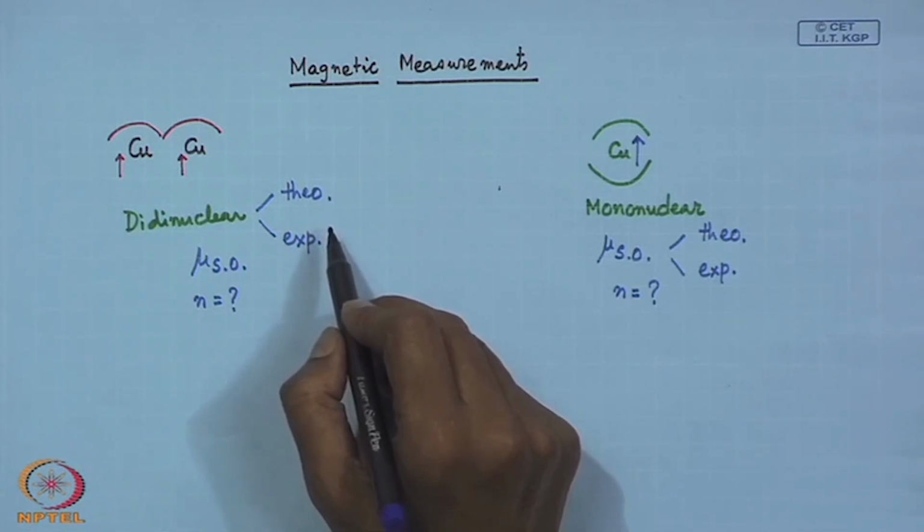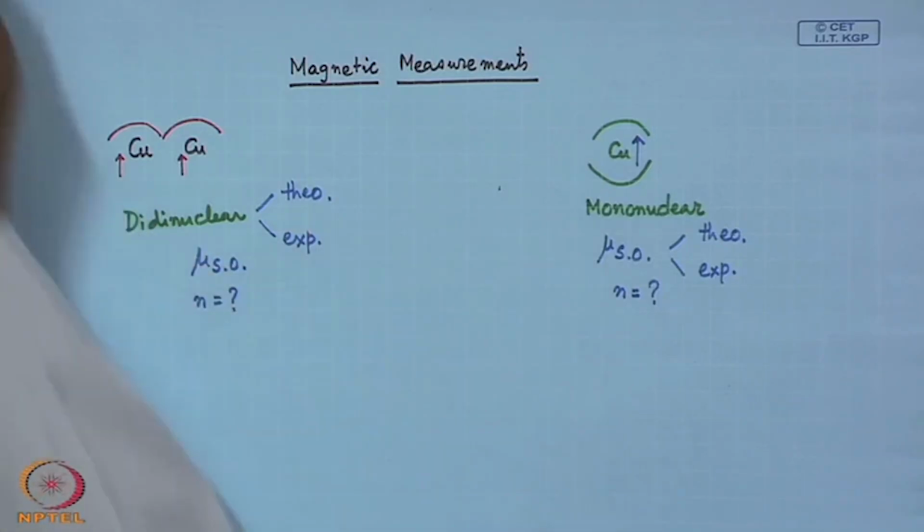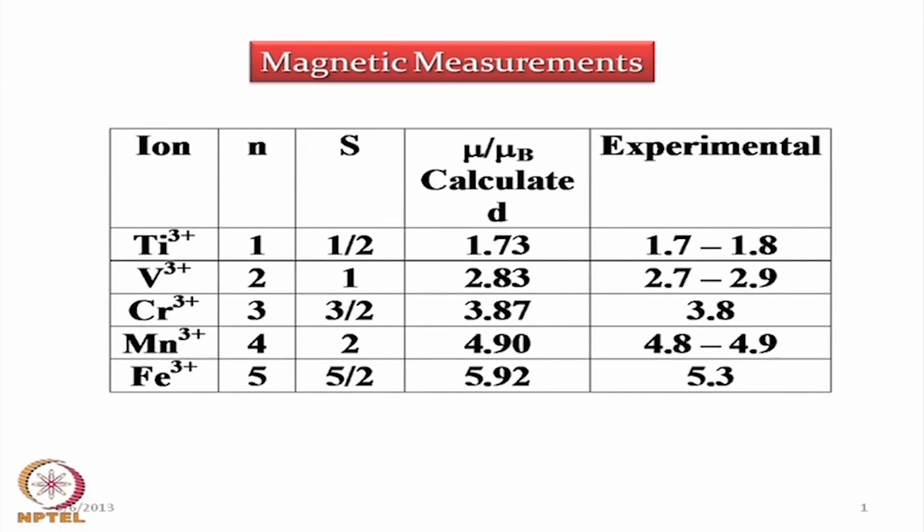These theoretical calculations are very useful considering the number of unpaired electrons in these systems. So, these measurements basically give us a very good idea of the different types of interactions we can have for the overall magnetic moment of the system.